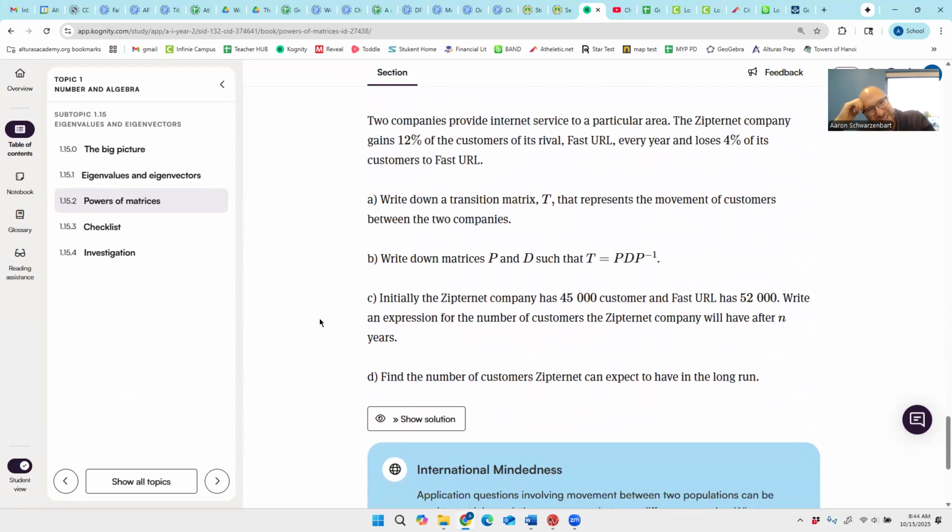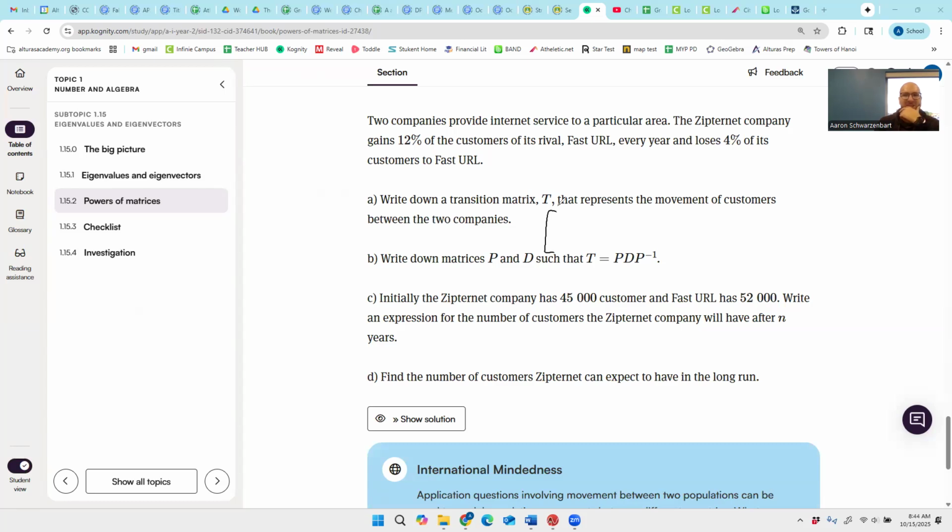Two companies provide internet service for a particular area. ZipNet company gains 12% of the company's customers from its rival Fast URL every year and loses 4% to Fast URL. So write down the transition matrix. This is the hardest part of this.